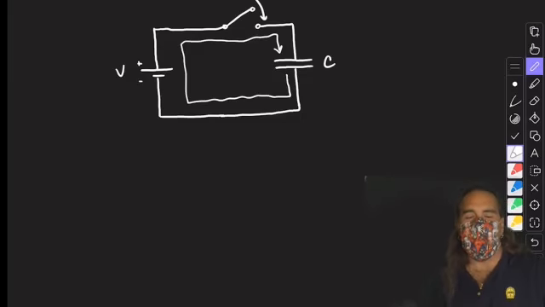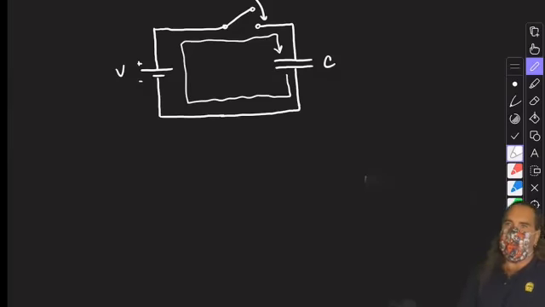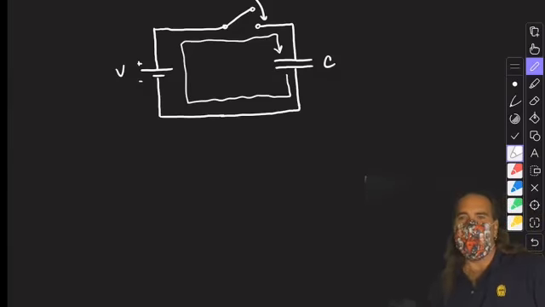The wires will provide some kind of resistance, and they will help determine how long it takes for the capacitor to charge. We tend to say that a capacitor is fully charged when the electric potential across the plates matches the applied electric potential across the leads.